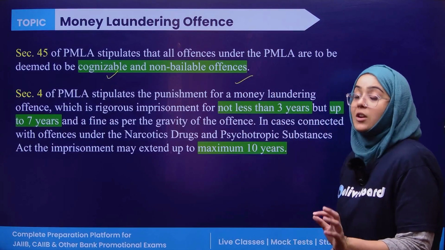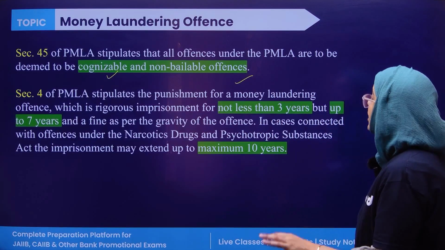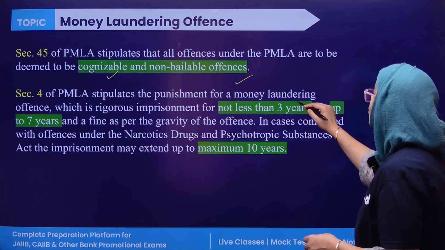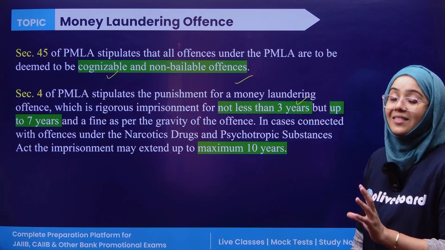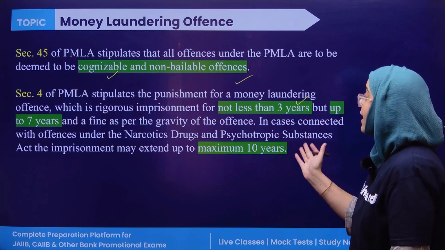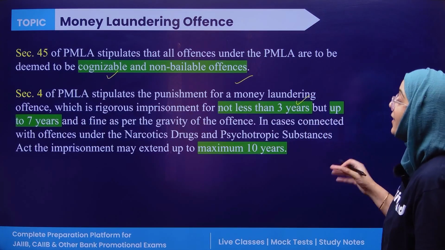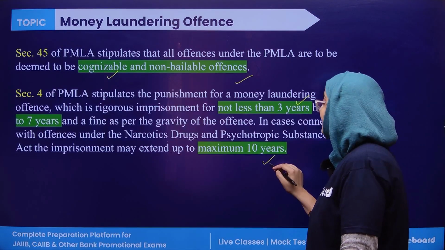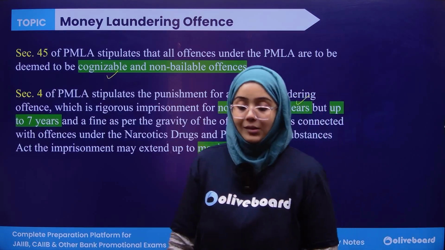Now Section 4 defines the punishment. The punishment is rigorous imprisonment of not less than 3 years, which can be extended up to 7 years, and in some cases like narcotics, the imprisonment can be extended to 10 years also.